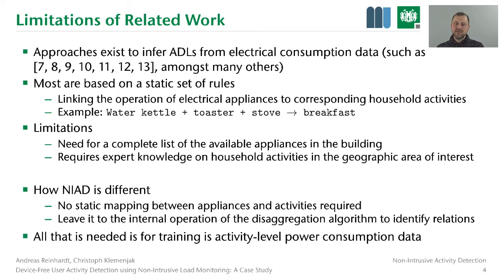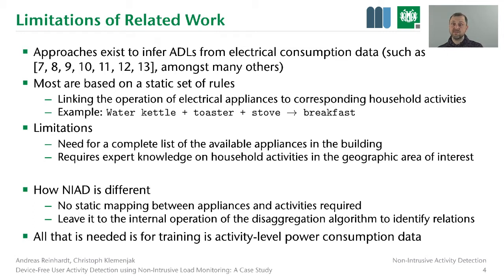Now, the question is, how is NIAD different to that static linking? And the answer is straightforward. We want to get rid of the static mapping between the two of them. So we want to just leave it to the disaggregation algorithm to automatically detect what appliances relate to what user activity, and then be able to recognize them and aggregate data irrespective of the order in which appliances are being operated.